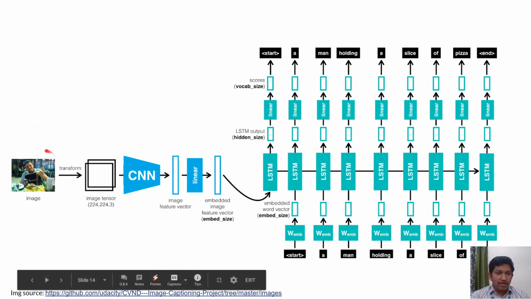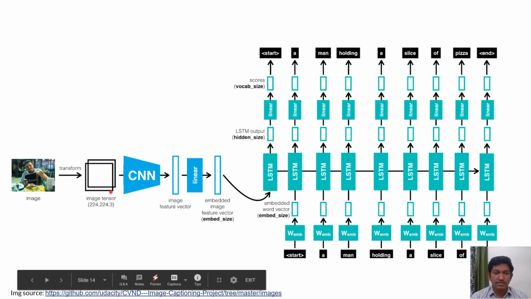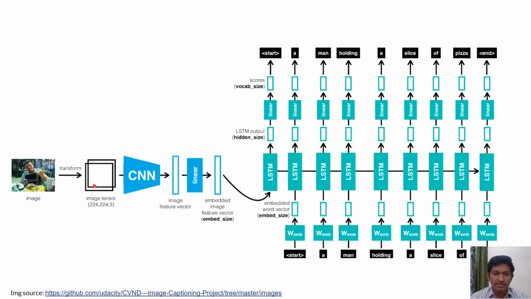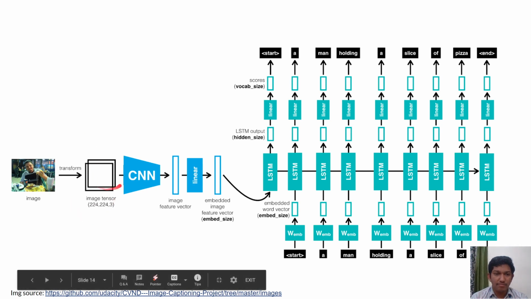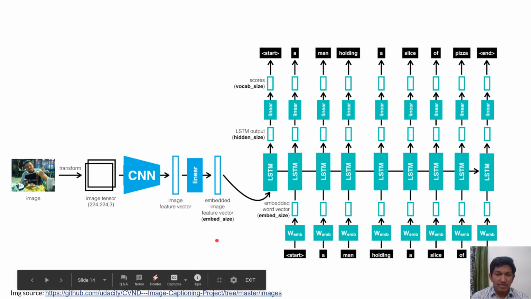So first, what happens is it takes an image and it is transformed into a 224 by 224 by 3 size tensor. Various transforms are applied on it to form the tensor. This tensor is given as an input to our convolutional neural network, which provides an embedded image vector.